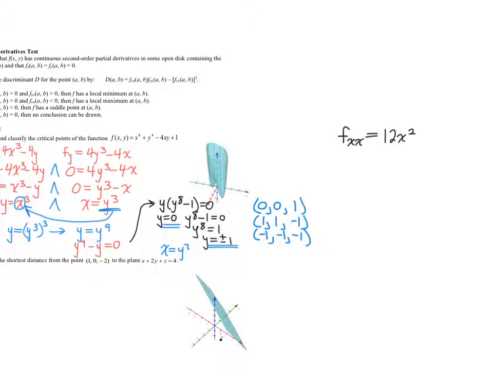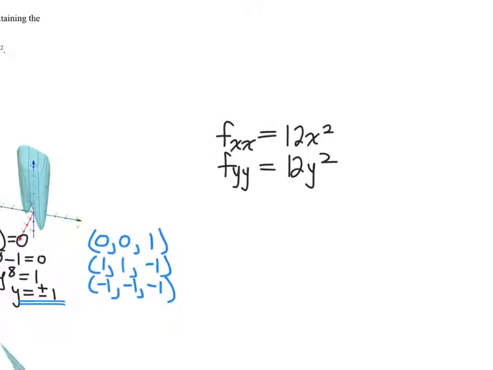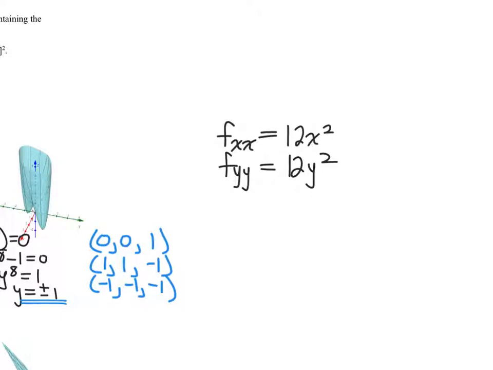F of yy, f sub yy, that's going to be 12y squared. So I need, for each of these xy pairings, I also need the mixed second order partial.